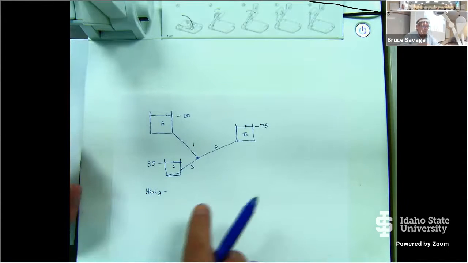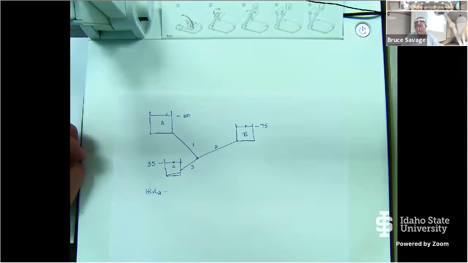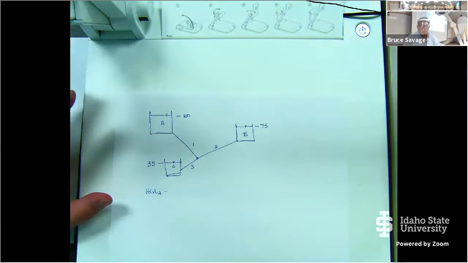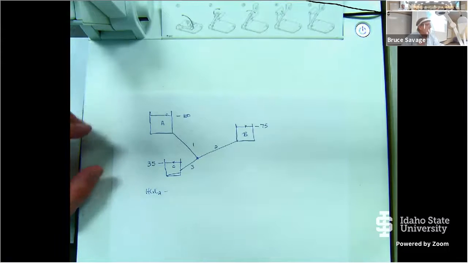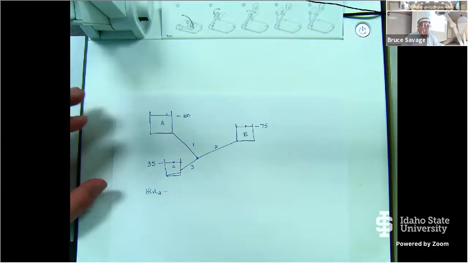So reconfigure this, and we're going to talk about how we can solve 3 reservoir problems numerically, because this is going to help us understand pipe networks as well. So the 3 reservoir problem is a great problem to kind of cut your teeth on and help us better understand pipe networks. Okay.